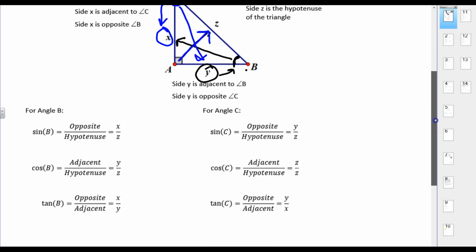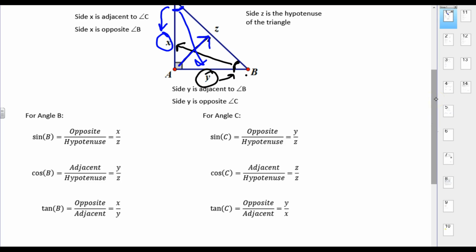So let's talk about our three basic functions, sine, cosine, and tangent. Your sine function is always equal to the opposite side divided by the hypotenuse. So the length of the opposite side divided by the length of the hypotenuse.